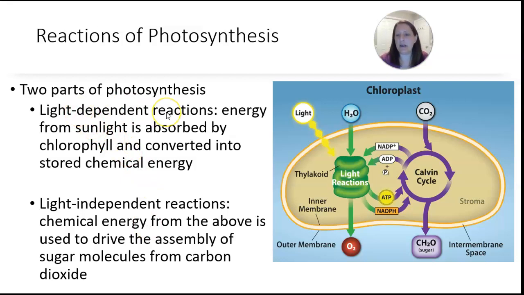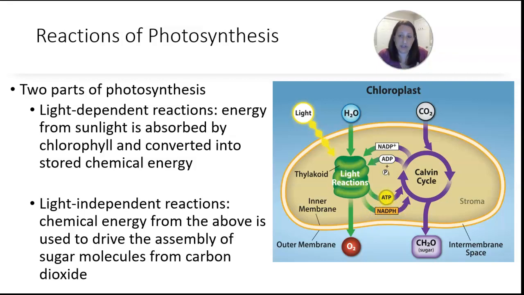The light-dependent reactions, as the name implies, need light. That's shown here on the left. Light comes in and gets absorbed by pigment molecules found in the thylakoid membrane. That light will be converted into ATP and NADPH. NADPH is NADH's cousin.